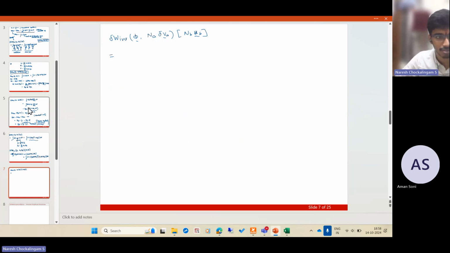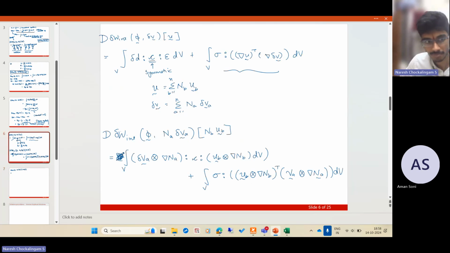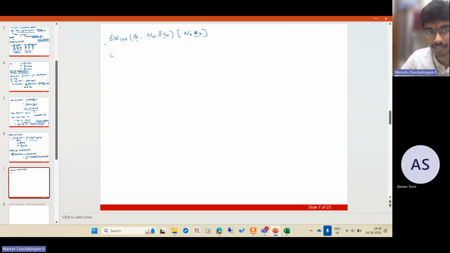So once we discretize, once we substitute this, simplify these expressions, we get to a point where this can be written as a product of two terms. The first one is del VA dot KAB material acting on UB, plus the second term, del VA dot KAB sigma acting on UB.